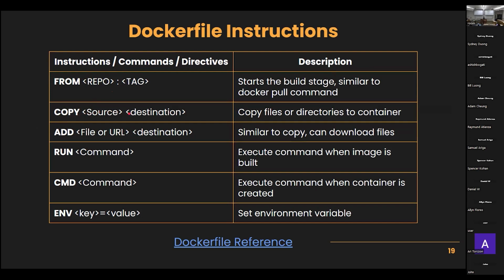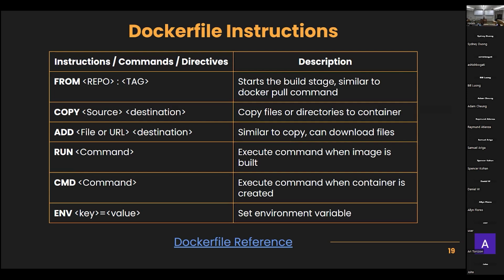And then there's COPY, which copies files. The source depends on whether you give it a full path or a relative path. It will get the file straight from where the Dockerfile is located.